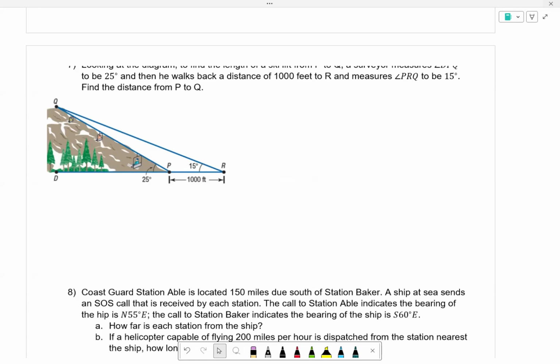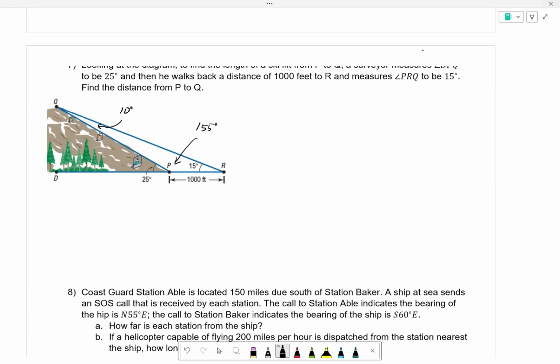Okay, ready? Ready or not, Sage, what'd you do? Basically, I found the measure of angle QPR first because it's supplementary with 25 degrees. So I found that was 155 degrees. That means angle PQR must be 10 degrees.